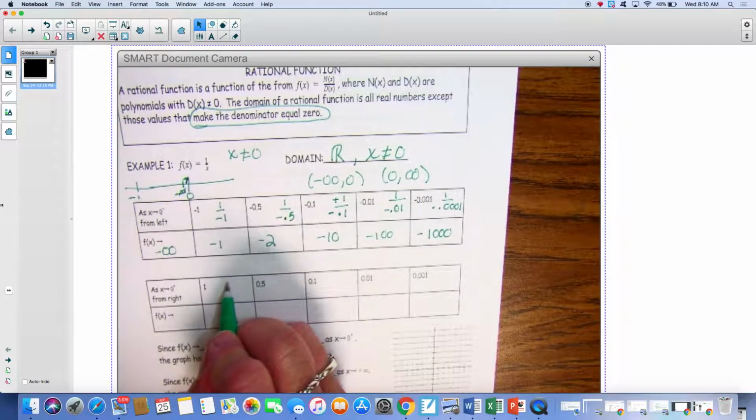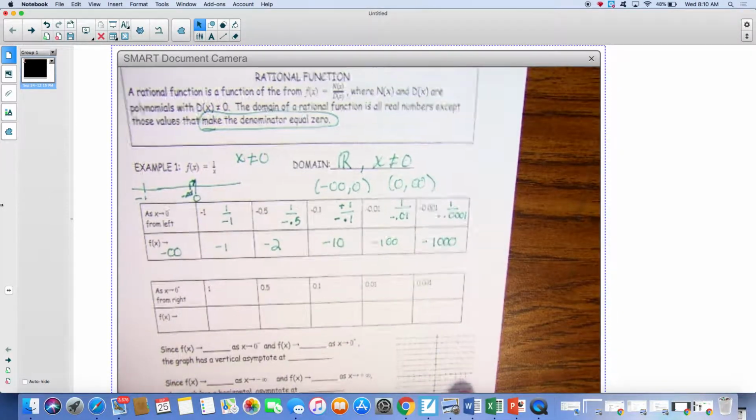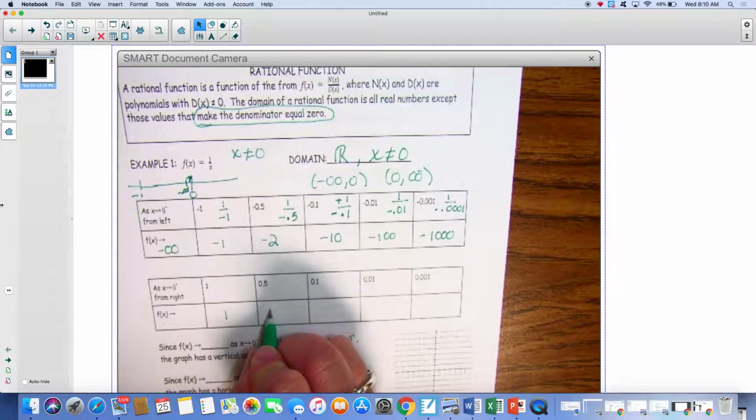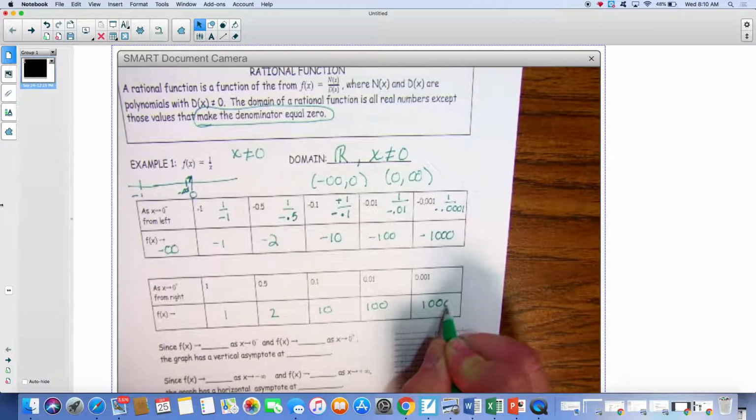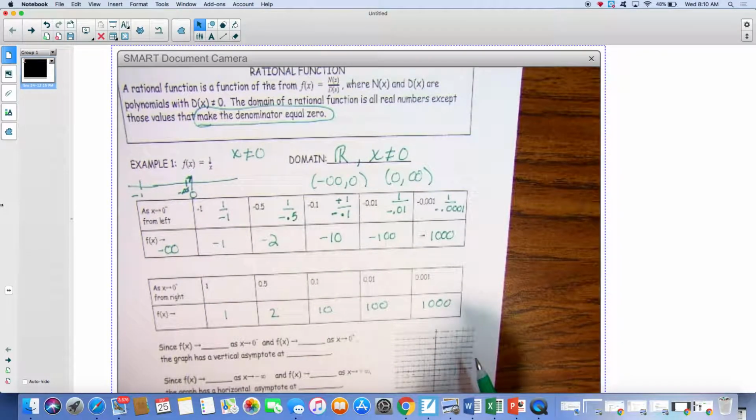So now what happens when I plug in the positive forms of these? We get 1, 2, 10, 100, 1,000.